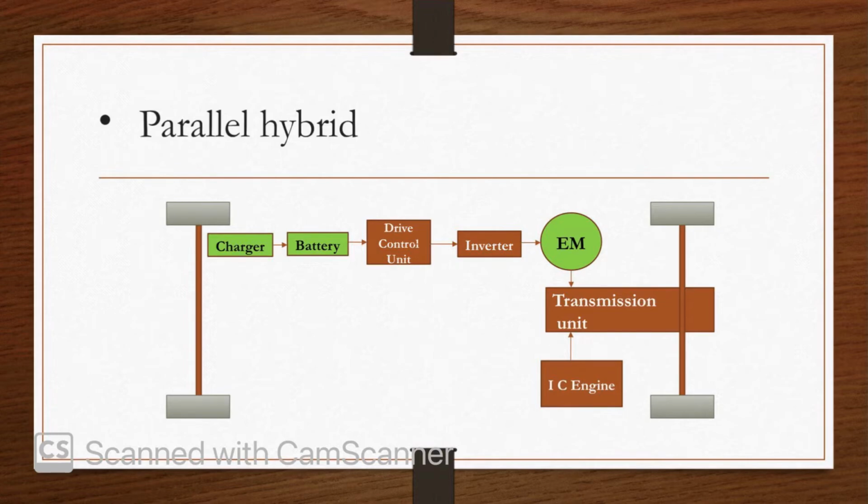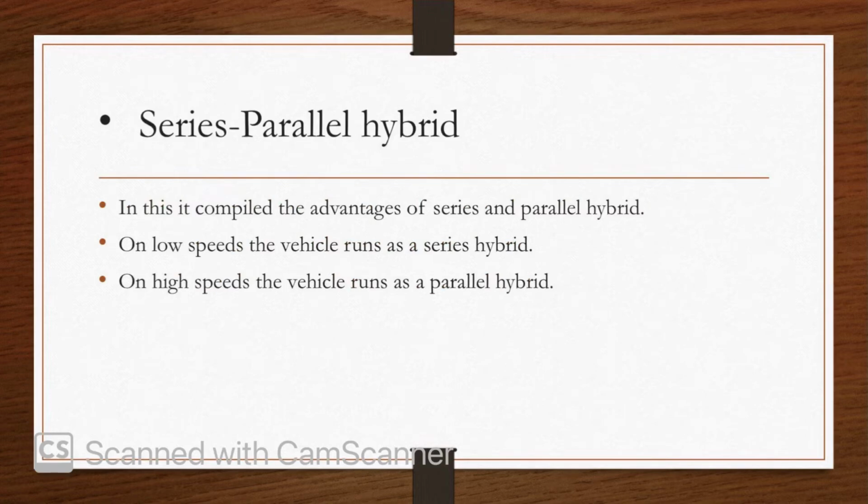Then this electric motor gives the rotations to the transmission unit, and this transmission unit further passes the required amount of torque or speed to the wheels. And the second power flow is directly from the IC engine. The IC engine directly gives the rotations to the transmission unit, and further the power is passed to the wheels.